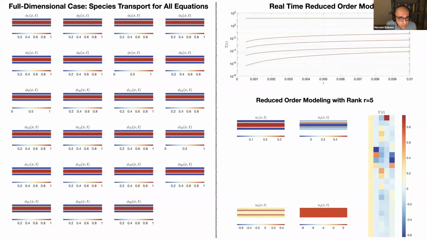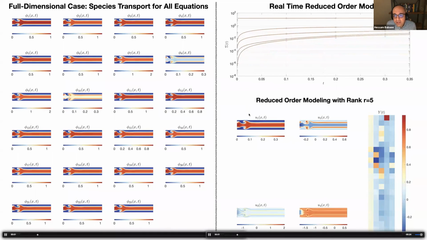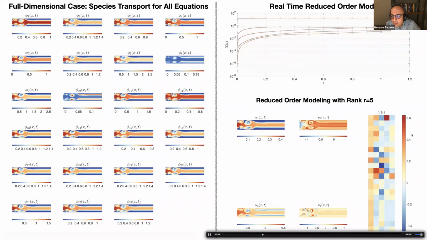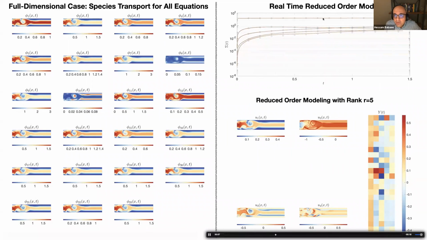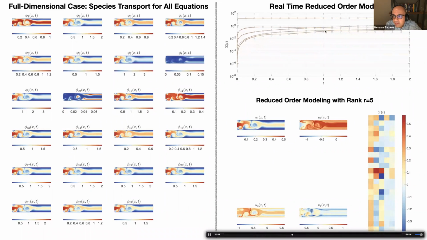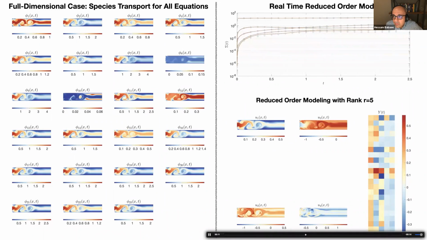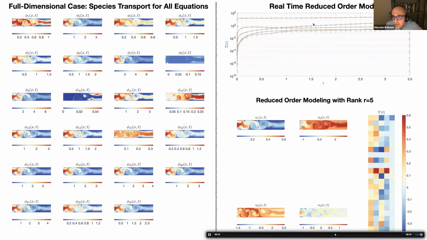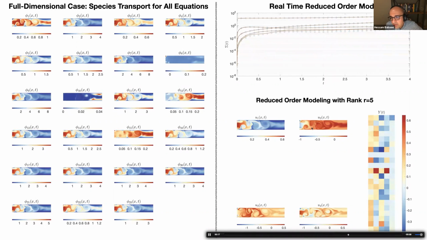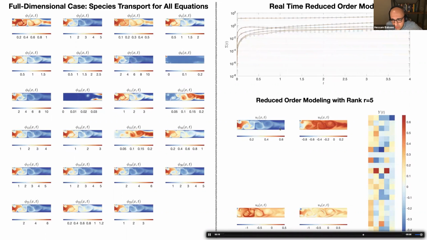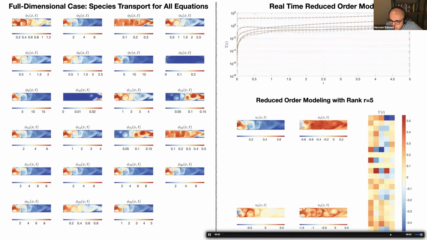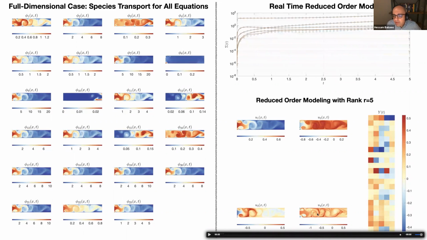So these are the full dimensional equation. Instead, like I said, we solve these. So all three components of the reduced order modeling are shown here. So we are capturing the dominant singular values very closely. So the line is actually DBO and the circle is instantaneous PCA. And these are the modes. So if you see, the first mode captures the larger scale structures, and as you go down to higher modes, you capture finer and finer structure.